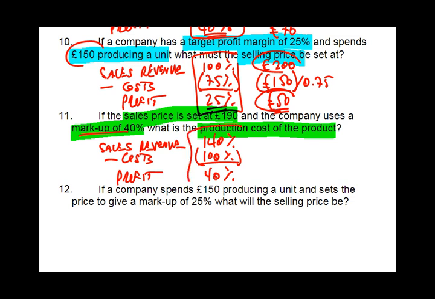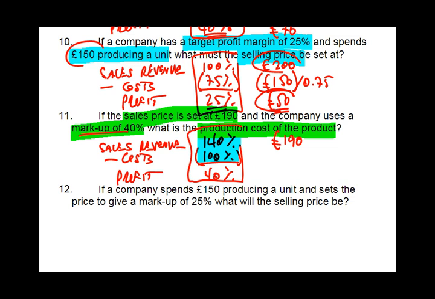So again, if you put your little P&L together with percentages first, I can then introduce the pounds, where we know that the sales price, so the revenue from each unit, is 190. What therefore will the cost be? Well, you can see the relationship between the revenue of 140% and the costs of 100%.